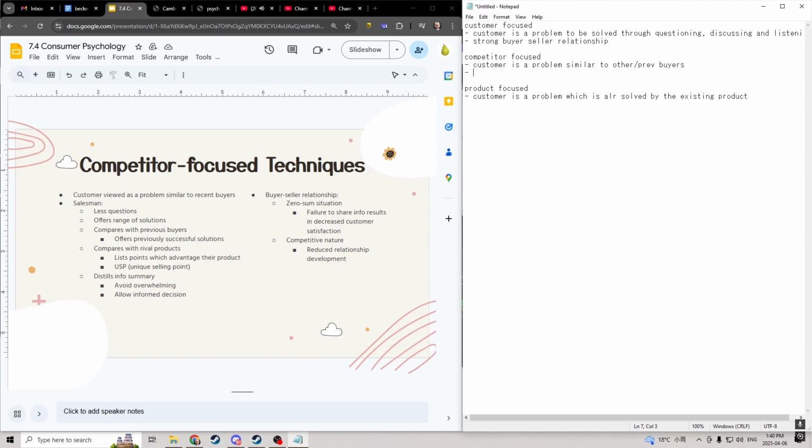Compare. So it's lots of comparison, offers range of solutions. That's questions. More comparisons of buyer, let's just say more comparisons, and then we'll do a tab.